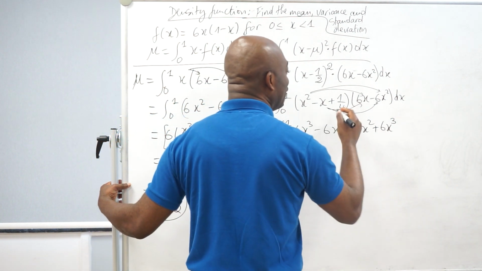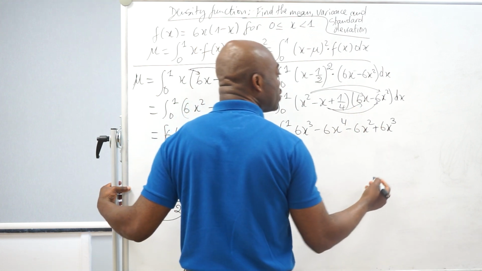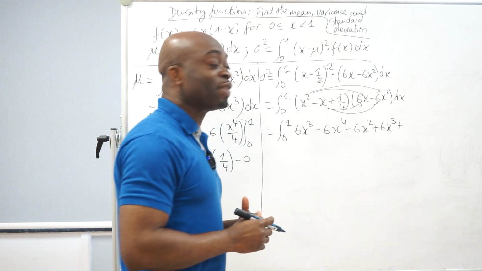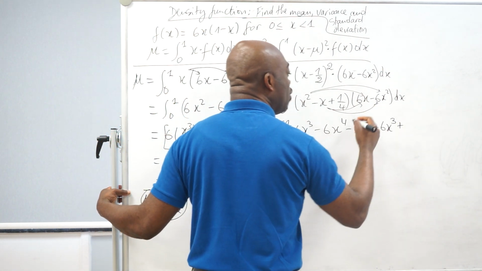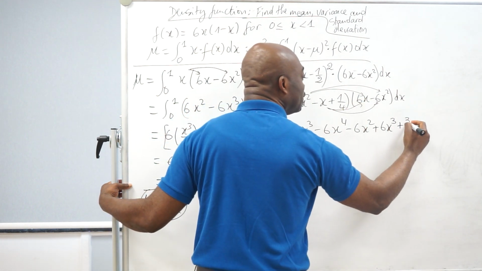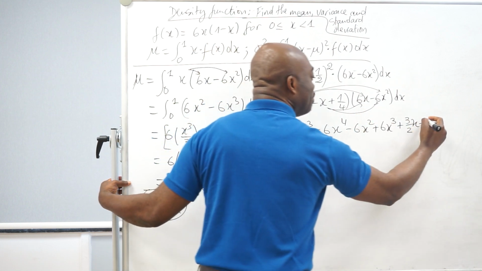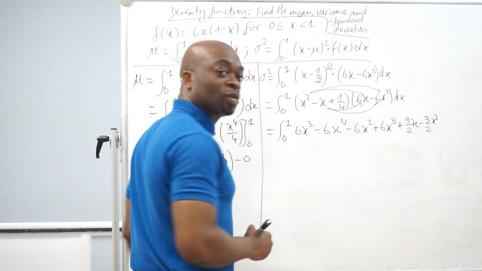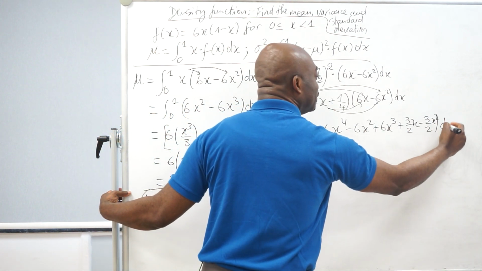And then last but not least, a quarter times 6 over x, so plus 6 over 4x, and 6 over 4x we can simplify as 3 over 2x, and then minus the same thing, minus 3 over 2 x squared. Okay? Then we'll be able to take it dx.